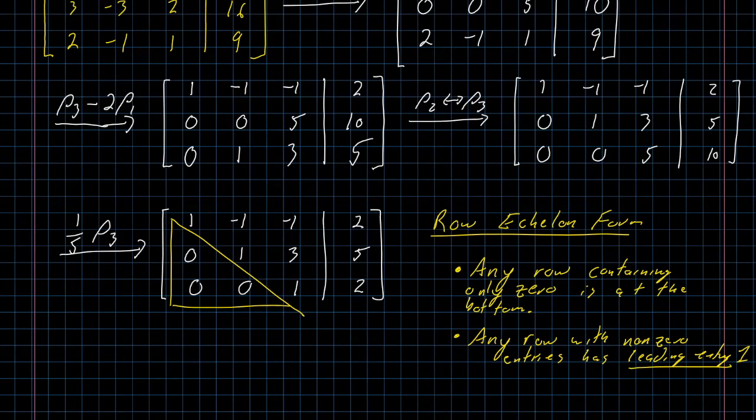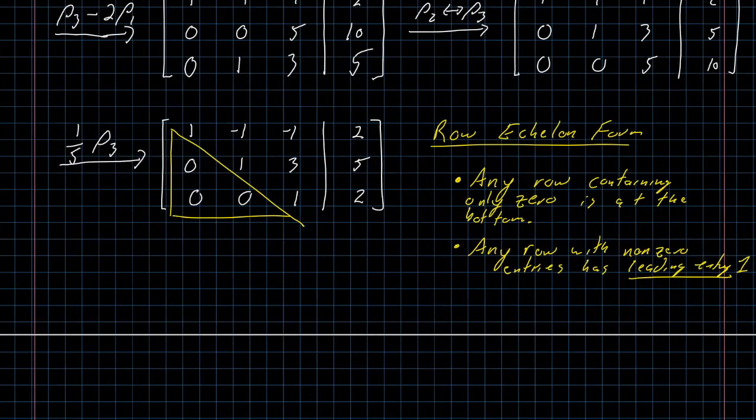We don't have any rows containing only zeros in this particular matrix, but if we did, they'd have to be at the bottom. Any row with non-zero entries has a leading entry of 1. A leading entry is the first non-zero entry reading from left to right in a row.